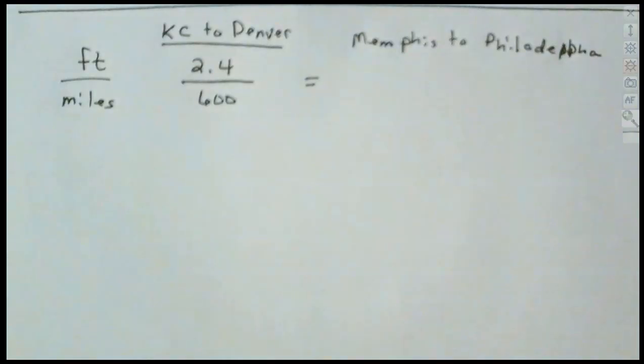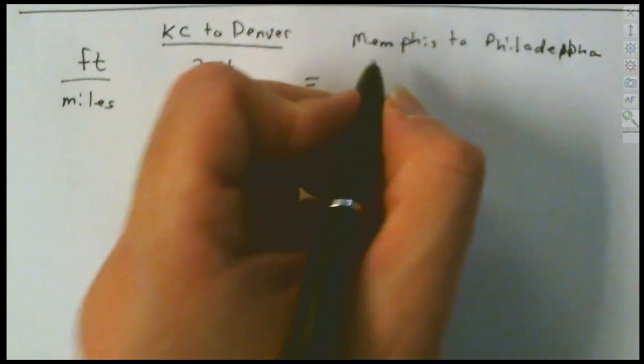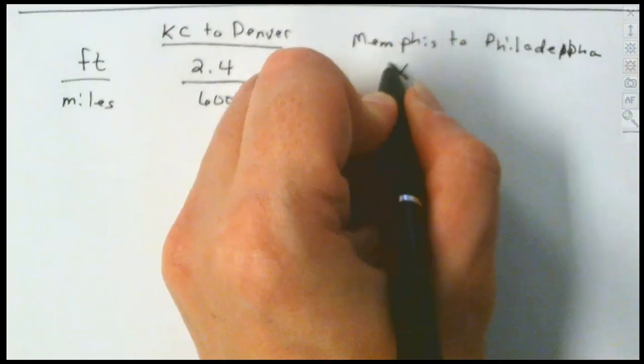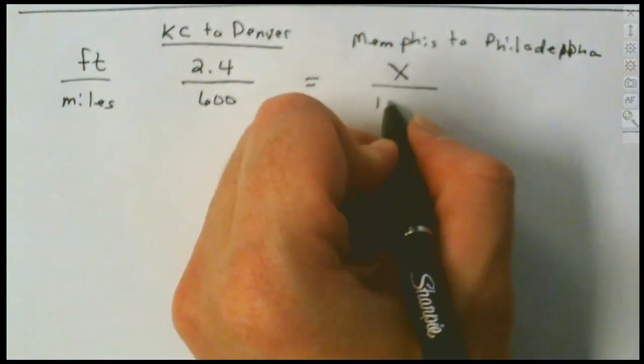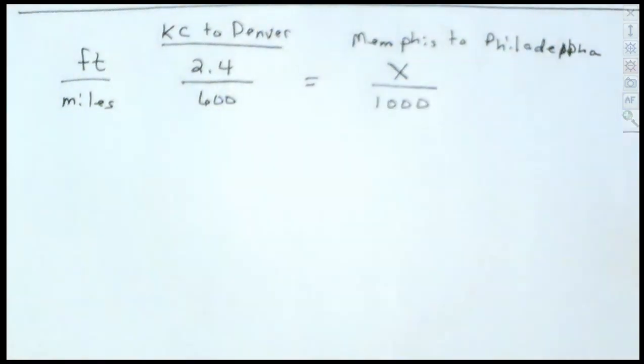And when we talk about Memphis to Philadelphia, this is represented by an unknown amount of feet. So it doesn't tell us how many feet on the map. So that's the unknown. But we do know that Memphis to Philadelphia is going to be 1,000 miles. So that 1,000 miles is going to go down below.